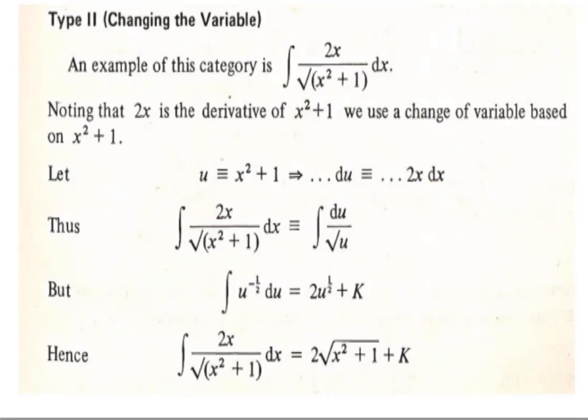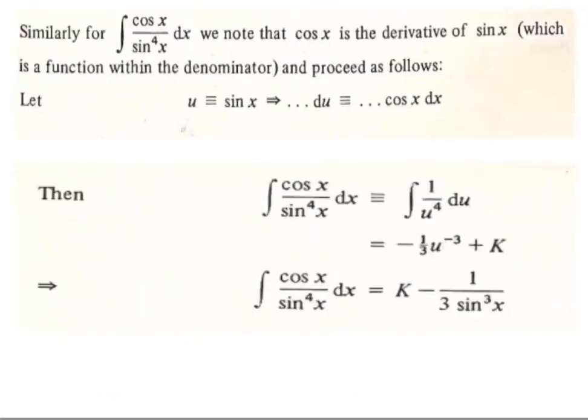Change of variable applied now, not to products, but to quotients, right? This is another example. Look at this one. In this case, cos x is the derivative of the inner function of the denominator, sin x. Good. You do the substitution and change the variable. So notice, cos x dx is really du, right?